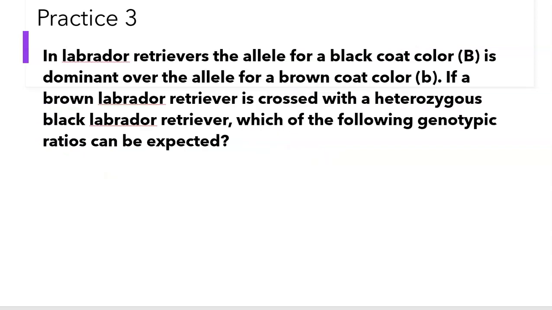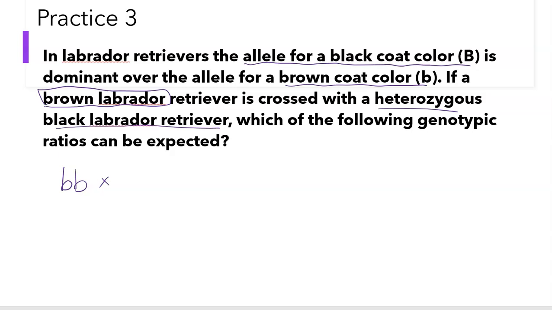Example 3. In Labrador retrievers, the allele for black coat color is dominant over the allele for brown coat color. If a brown Labrador retriever, so if it's brown and brown is recessive, that means this parent has to be little b, is crossed with a heterozygous black Lab retriever.